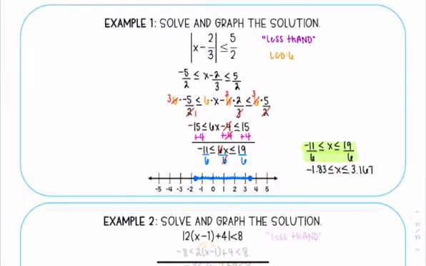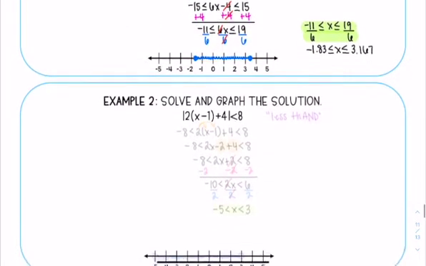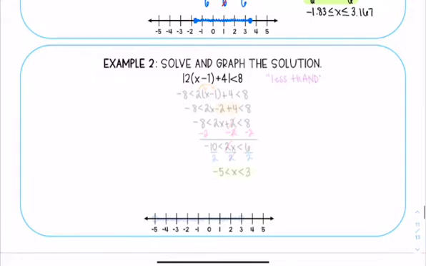Let's try another one. We have the absolute value of 2 times x minus 1 plus 4 is less than 8. My absolute value is by itself on the left-hand side, which is good. And that means that this is going to be a less than problem again.